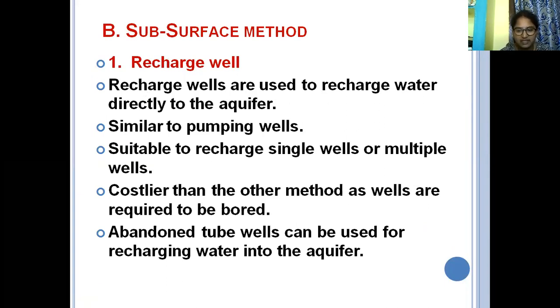Recharge wells. Recharge wells are used to recharge water directly to the aquifers, similar to pumping wells. Suitable to recharge single wells or multiple wells.